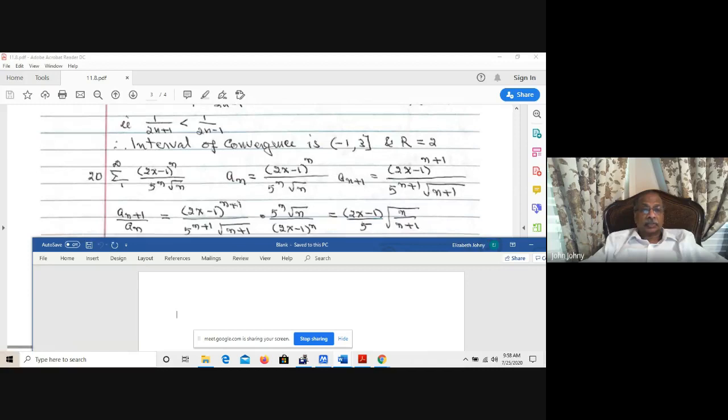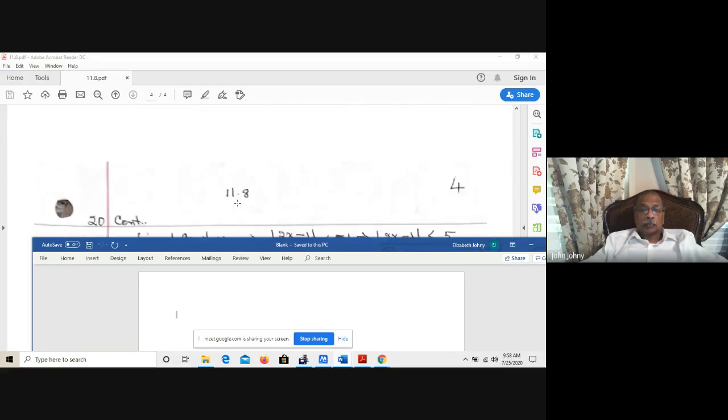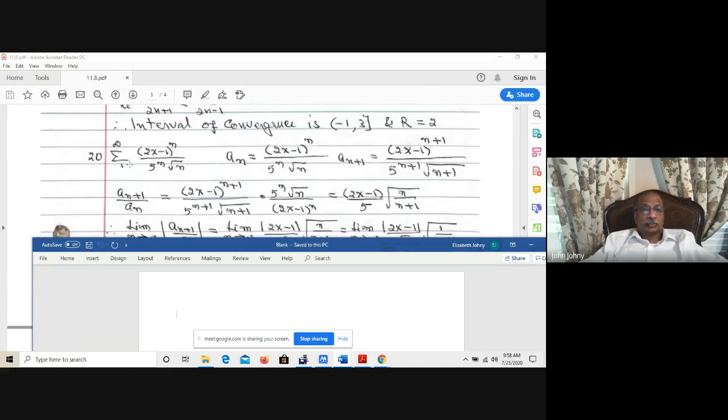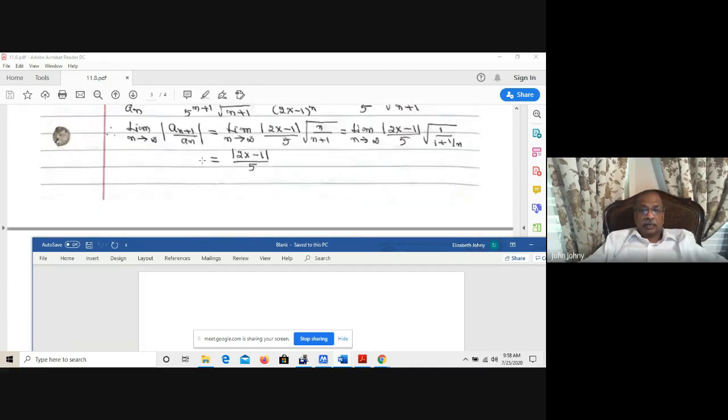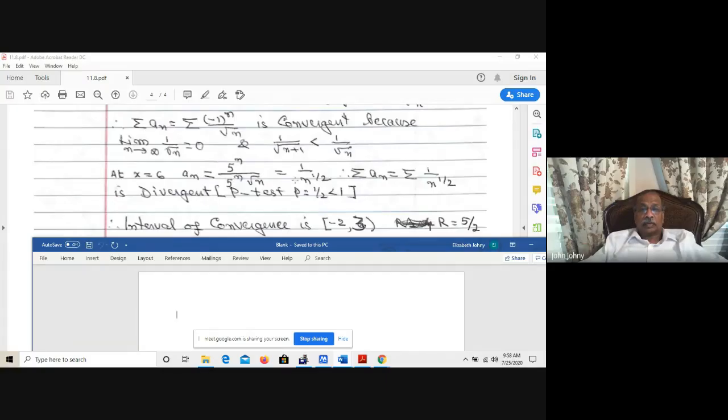When x is equal to 6, it is 2 times 6, 12, minus 1, 11 to the power of n divided by 5 to the power of n, and that simplifies, and it is going to be a divergent sequence.